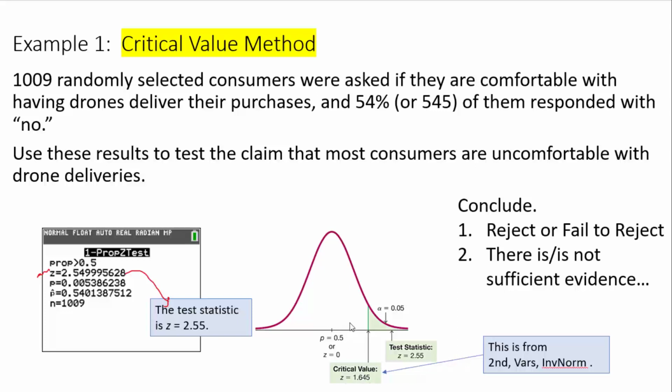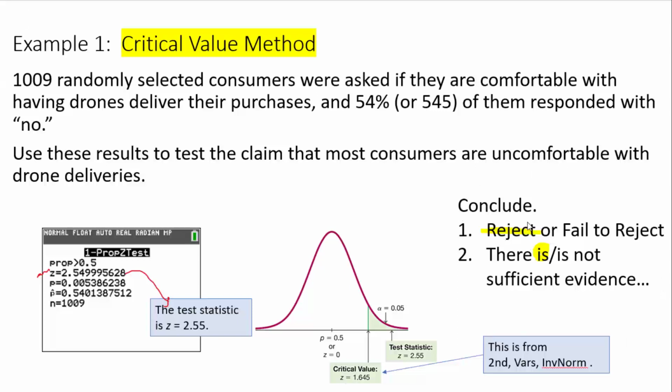So since this test statistic is in the critical area, which again is this tail, danger zone over here at the tail, since it's in the critical area, then we know that we should reject. That is the same conclusion we reached with the other method. Why are we rejecting? Because there is sufficient evidence. Now, what is there sufficient evidence for?